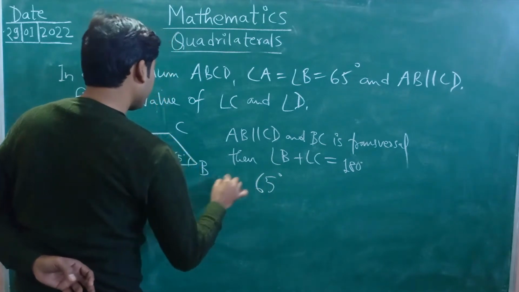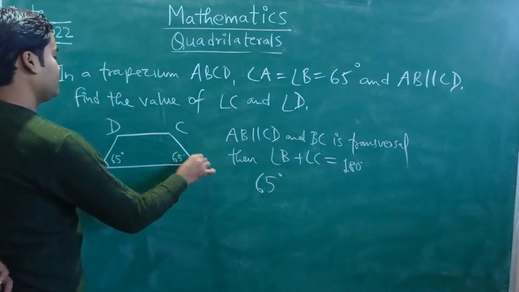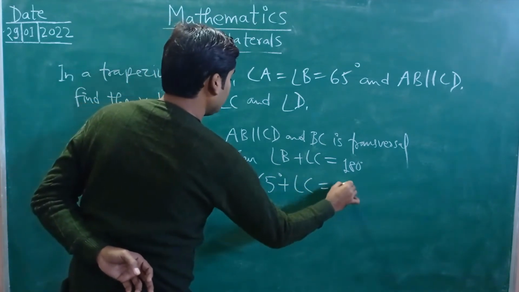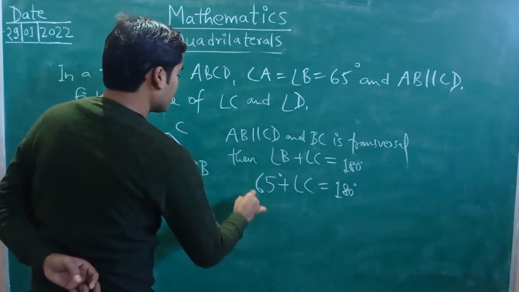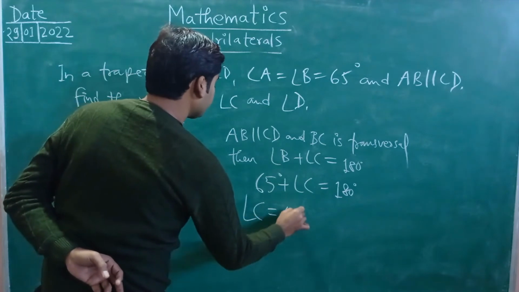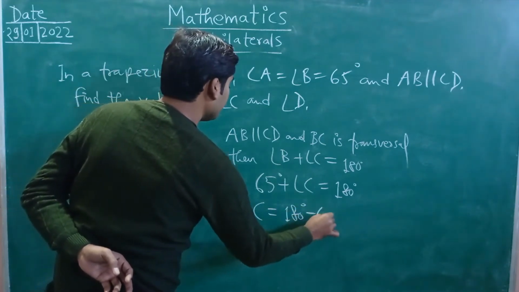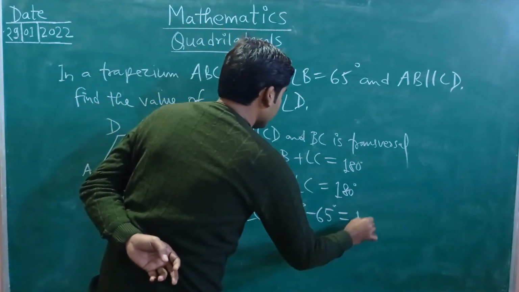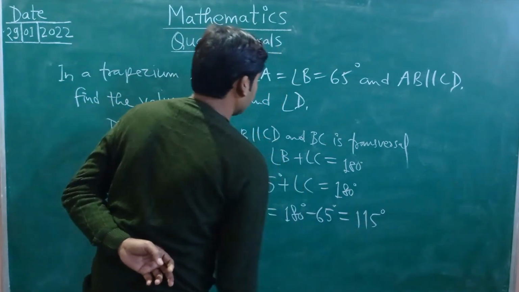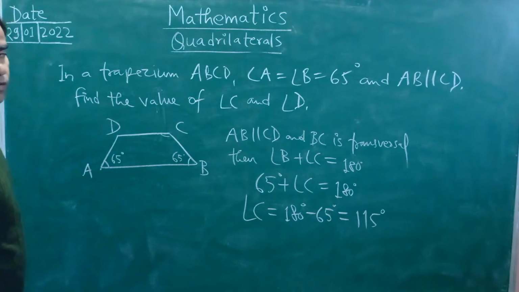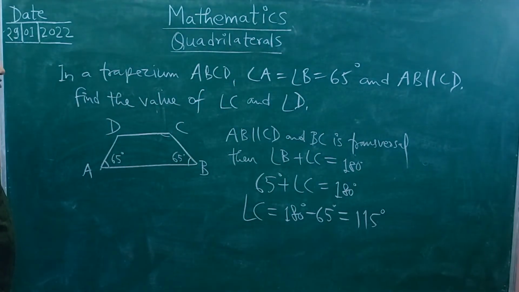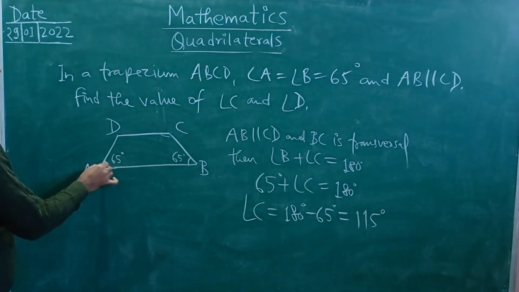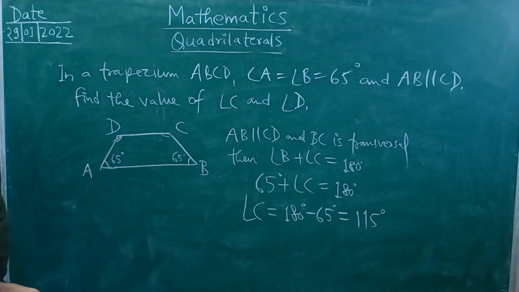Angle B is 65 and angle C we have to find. 180 degree. Angle C is equal to 180 minus 65. Angle C is 115 degree. Similarly, you can also write A plus B is equal to 180 and angle D will also be 115.